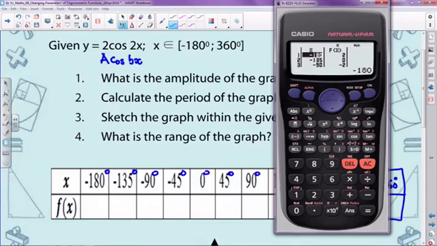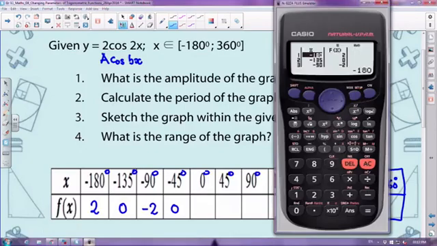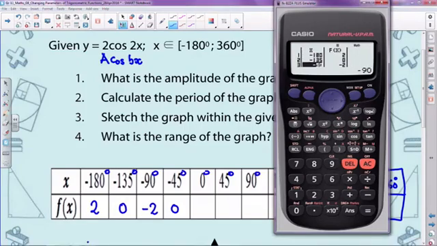Okay, so that's 2, 0, minus 2, 0. Okay, and then minus 45 and 0, 0 and 2, 0, minus 2.